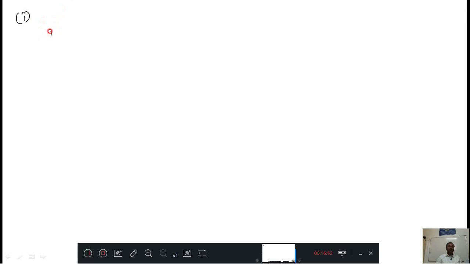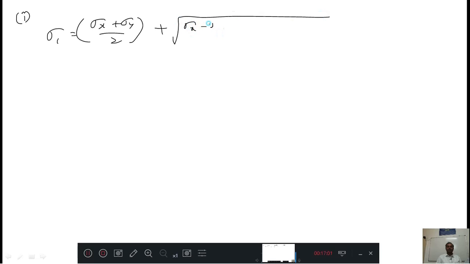There you know the principal stress will be equal to the formula sigma x plus sigma y by 2 plus square root of sigma x minus sigma y by 2 whole square plus tau square. Here whatever is given, you substitute. Sigma y is not given, and the rest all things are given.